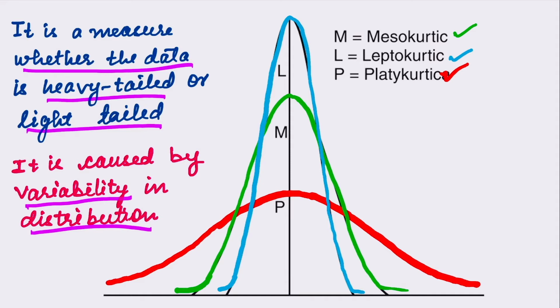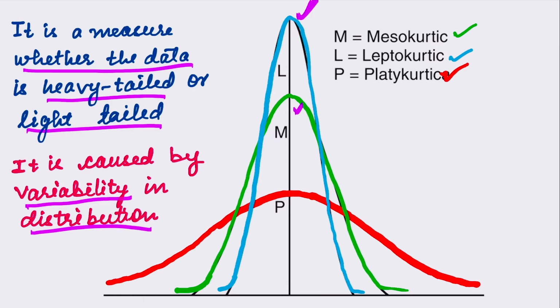What do we mean by the variability? If the items concentrate too much in the center, then the curve becomes like this, the blue line type. When there is more frequency at the center line, the curve will be of the first type. If the concentration in the center is comparatively little, then the curve will be the second line, the green one.